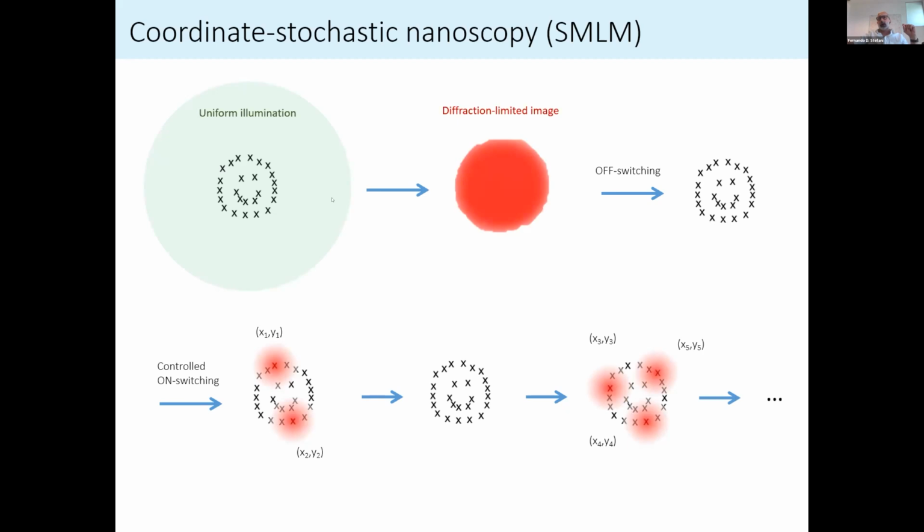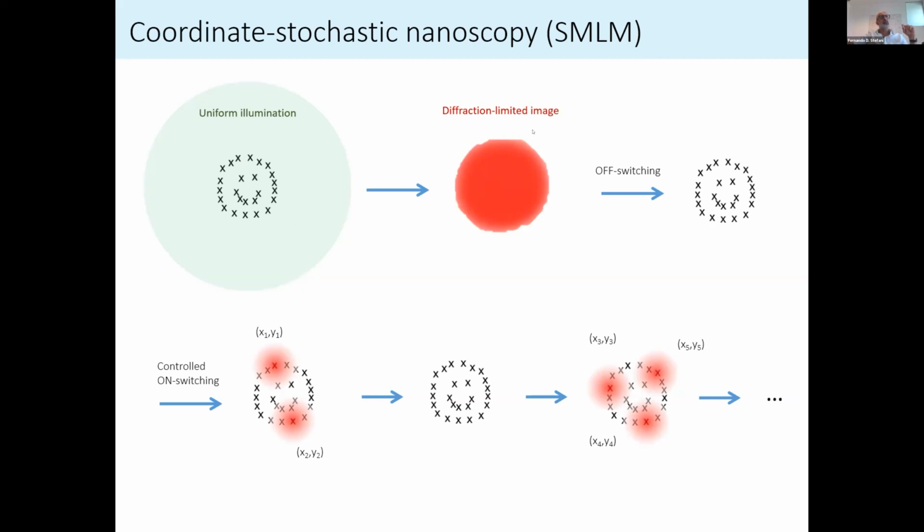And then how do they work? Imagine you have these molecules here organized in this smiley face, like here. And we illuminate them, and they all emit fluorescence at the same time. If the distance between these fluorophores is smaller than the diffraction limit, then a diffraction limited image would look like this, just like a big blob of signal, where it's impossible to tell where each fluorophore is.